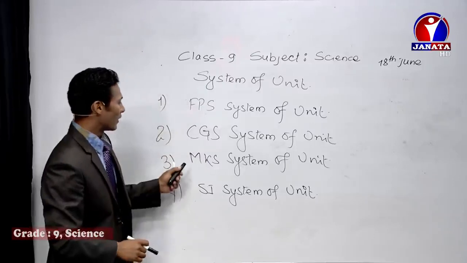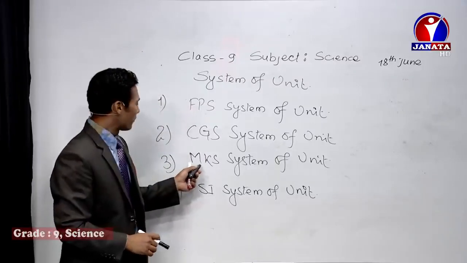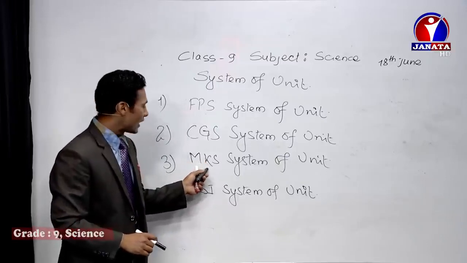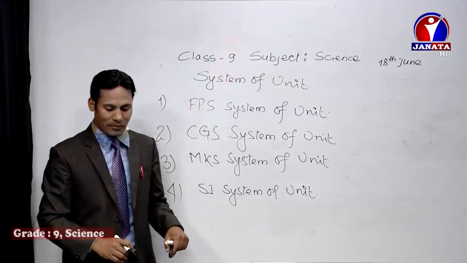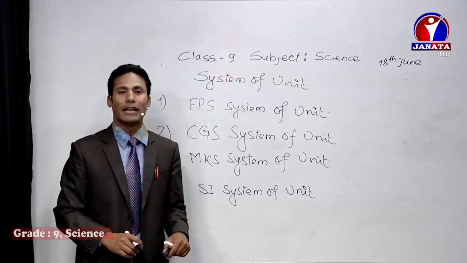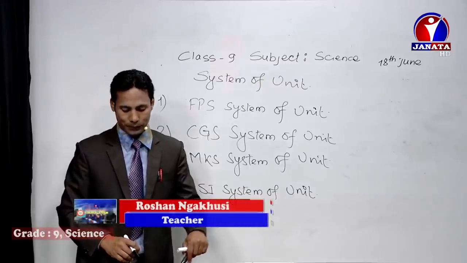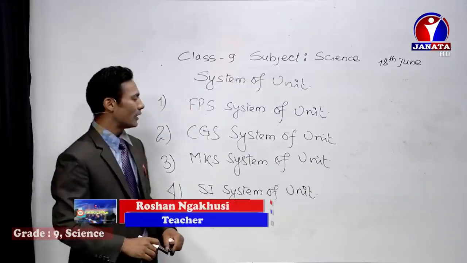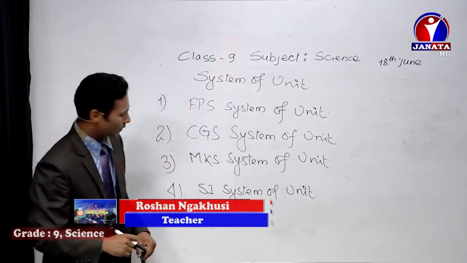So once again, the system of unit in which the length is measured in the meter, mass is measured in the kilogram, and time is measured in the second, it is called the MKS system of unit. It is also called the metric system of unit.